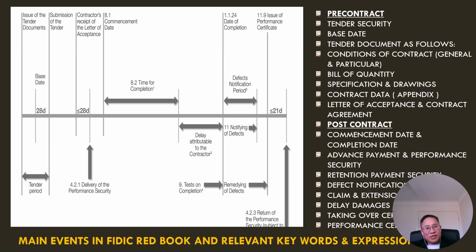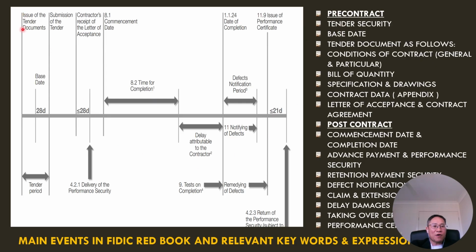So for that reason, I abstracted a framework from FIDIC 1997 here, and then I will explain the meanings of these events, in which I divided the construction contract into two phases. The first one is pre-contract.